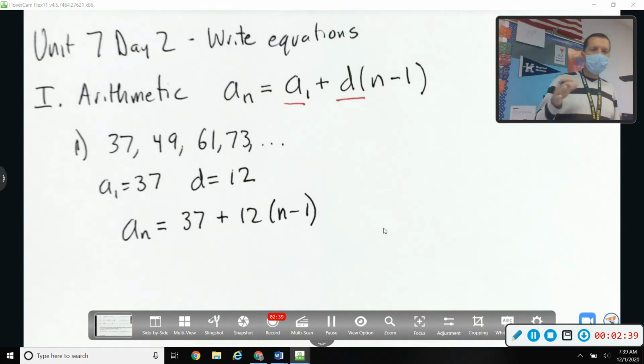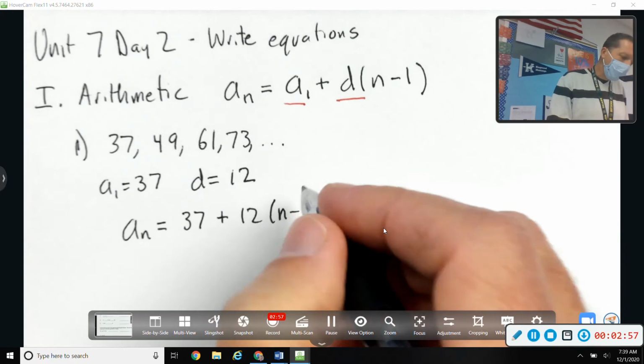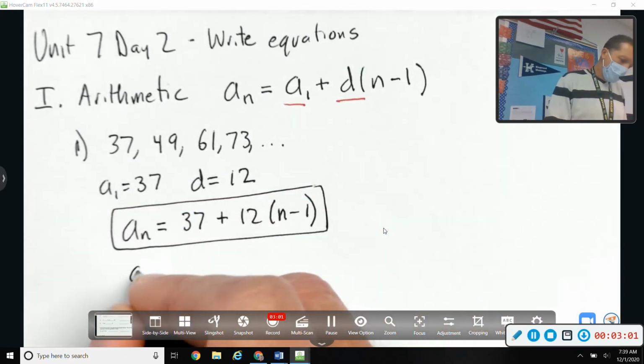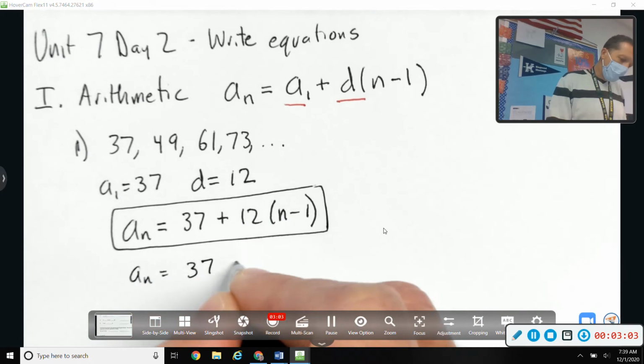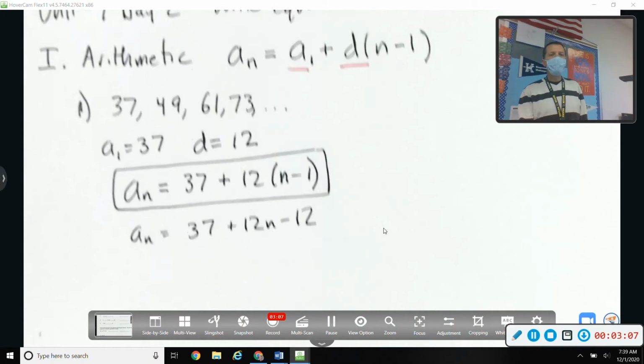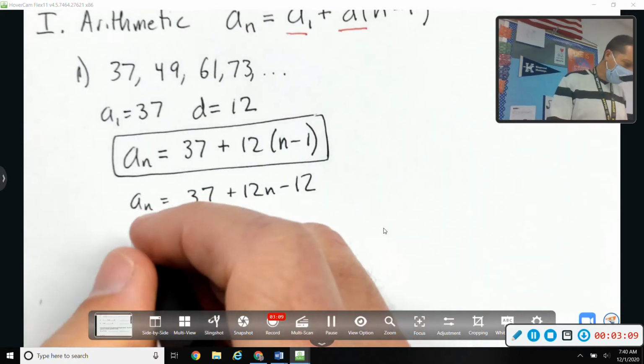And some debate on whether you want to leave it like that or clean it up. I'm okay either way. It kind of depends on the problem and if you need to do anything more as to what's better or not. So you can leave it like that. We'll do some things later where it might be better if you clean this up. So this is an okay answer. But it's also okay if you want to distribute the 12, combine like terms.